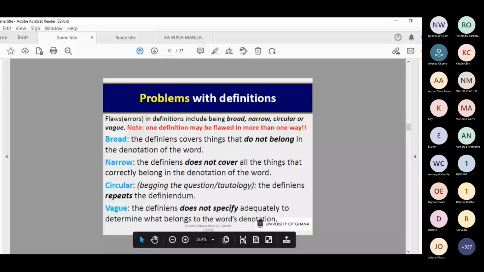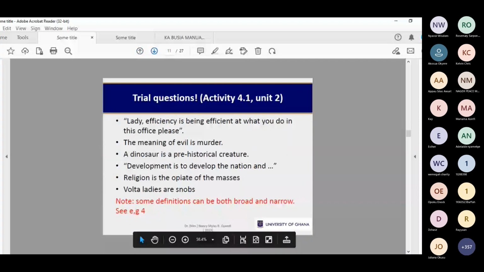You have excluded legitimate members. Exclusion means you have locked the door to people who should be in the room. You have left some of the man's children outside. They belong there. You have left them out. That's narrow. You have made the gate small. So for instance, back to my examples that I gave you to help you understand it, the meaning of evil is murder.